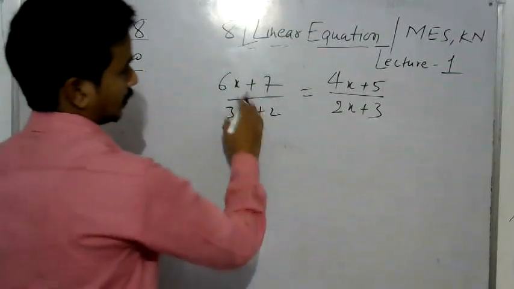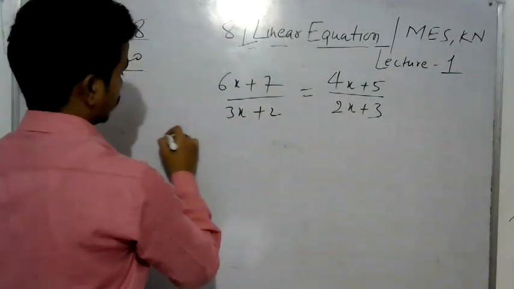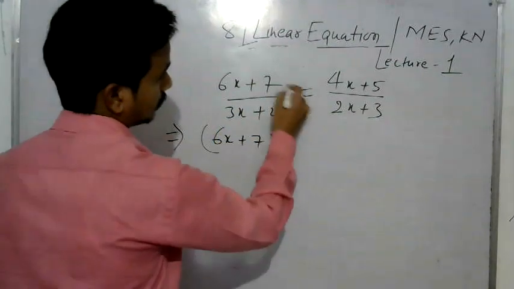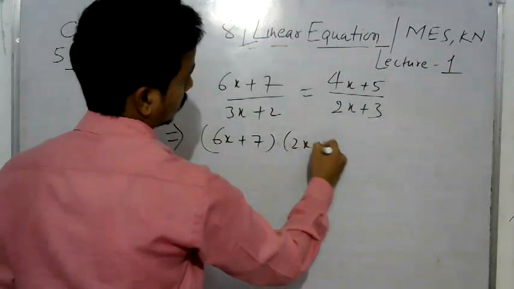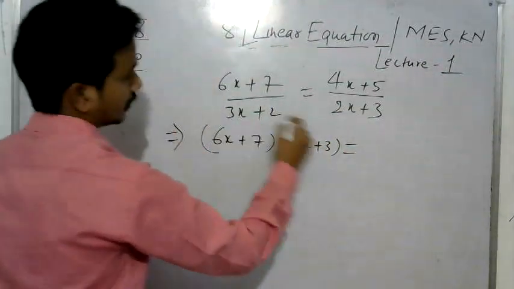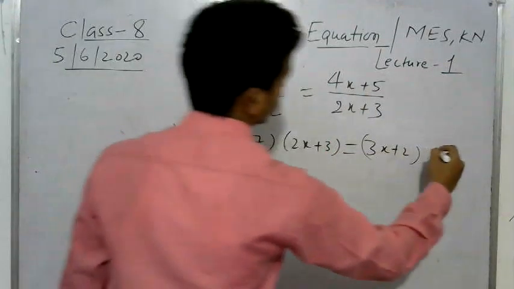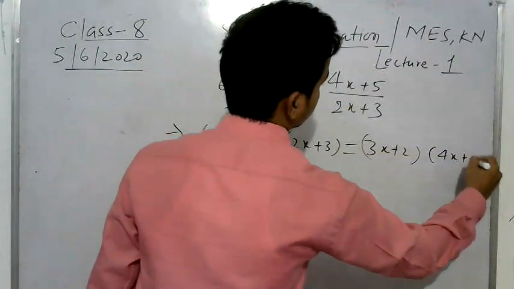So here we can cross multiply. When you cross multiply, 6x plus 7 into 2x plus 3 equals 3x plus 2 into 4x plus 5.